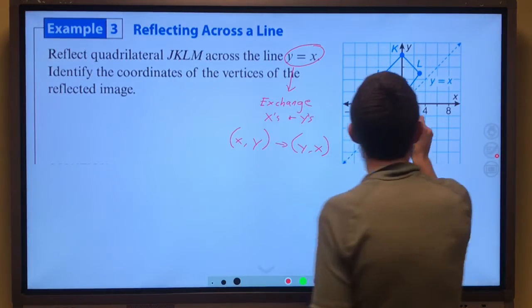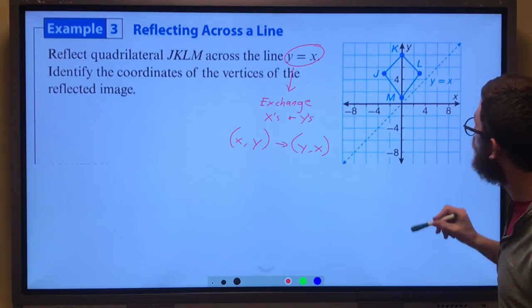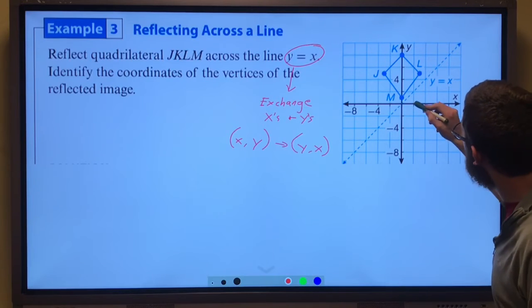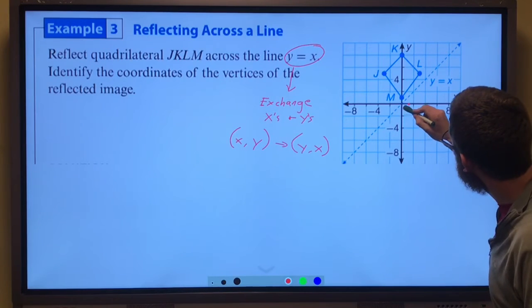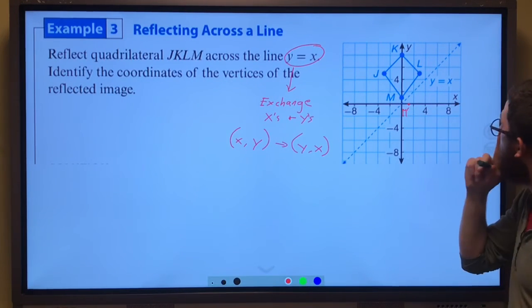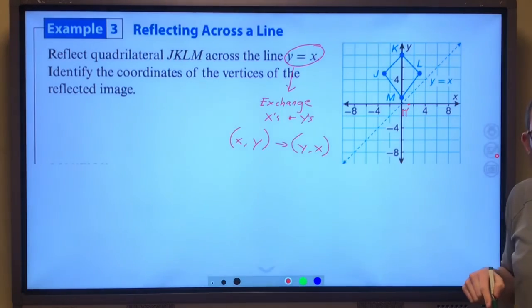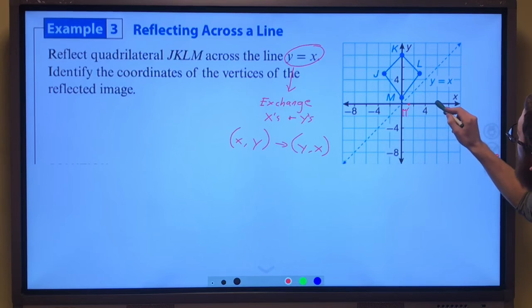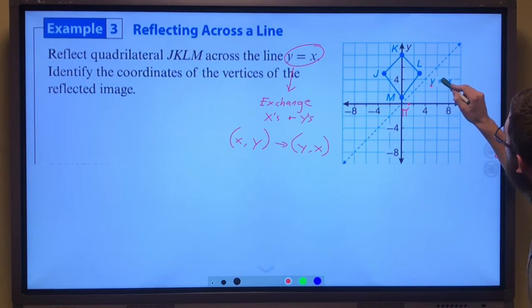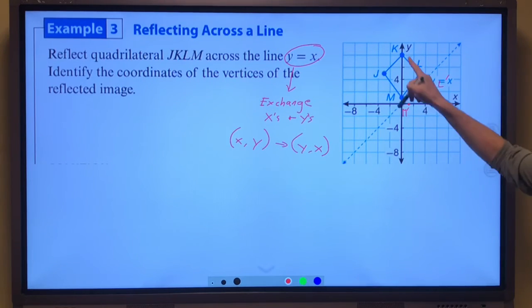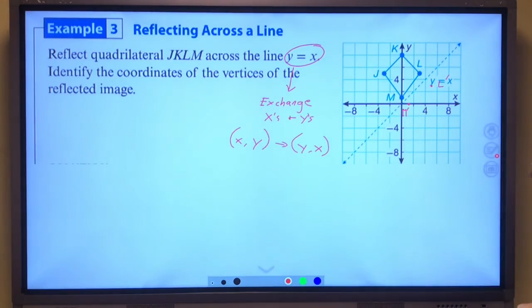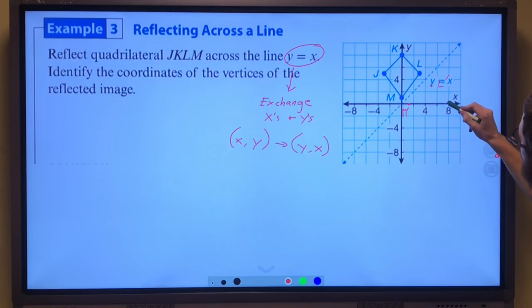So M, notice the coordinates for M is (0, 1), so that means M prime is going to be at (1, 0). L is at (3, 5), so that means L prime is going to be at (5, 3). K is at (0, 8). That means that K prime is going to be at (8, 0).